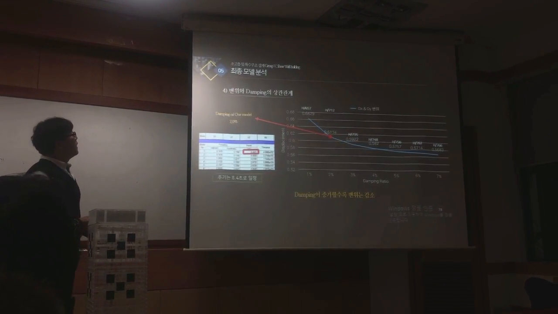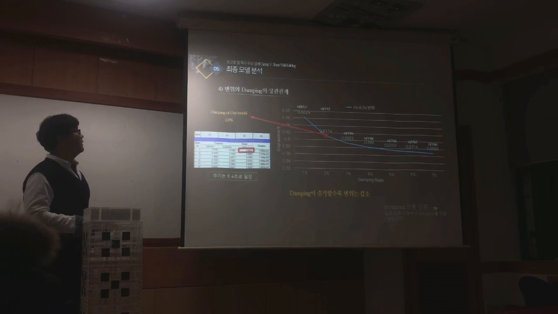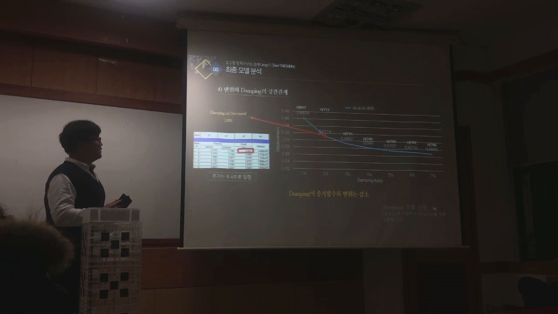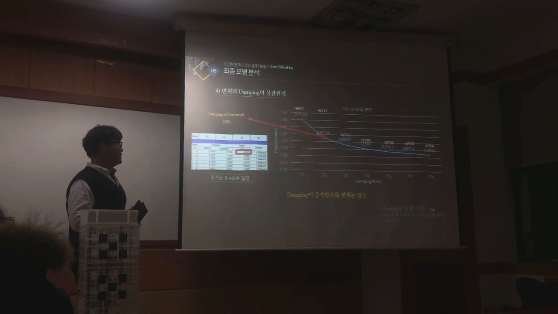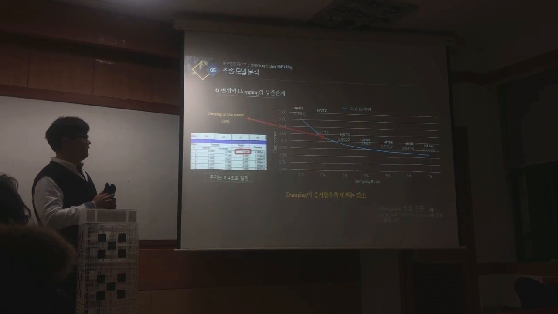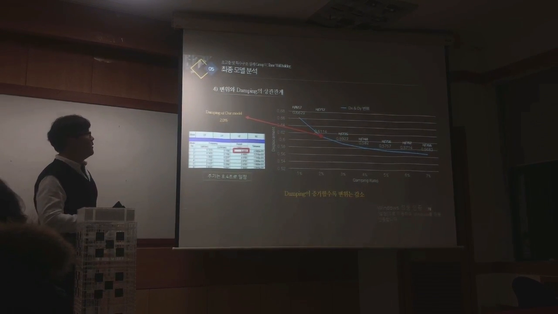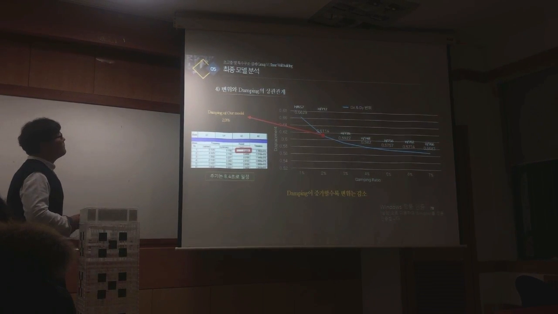Next, please. So now is a variation of damping and the displacement. So the period was all the same, 8.4 seconds. And eventually, if damping increases, displacement decreases. We can see that. And next, please.